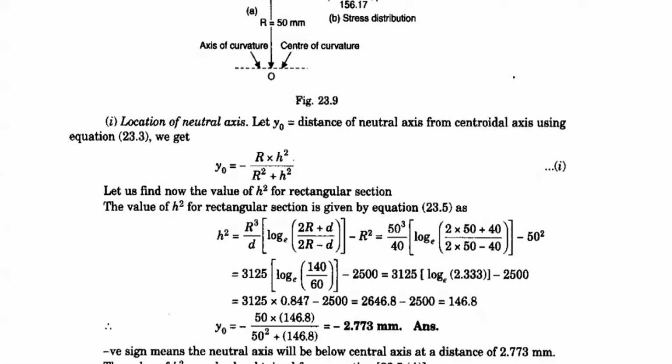Now in this equation of h square, what are the unknown parameters? You only have the terms R and D. The R value and D value are there in your given equation of h square. Is there any unknown parameter in this equation?